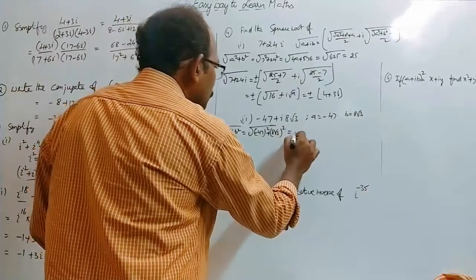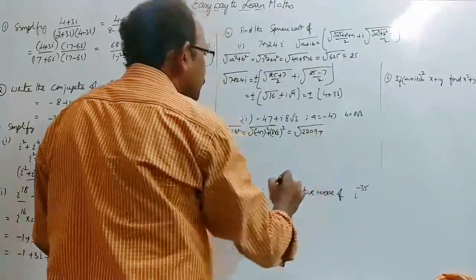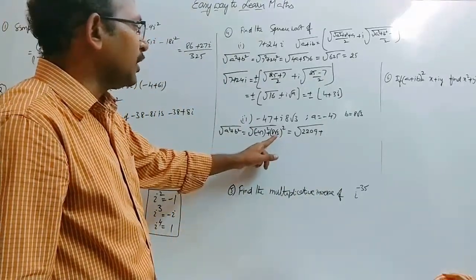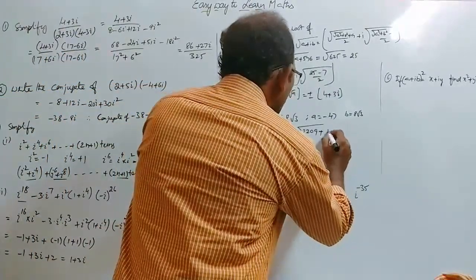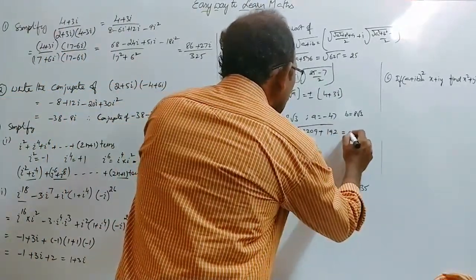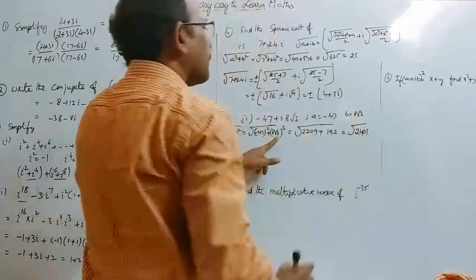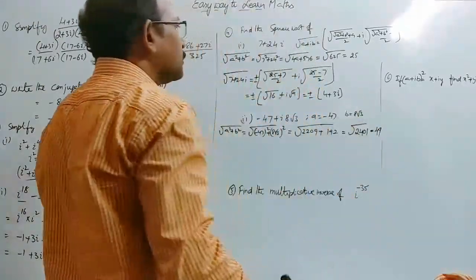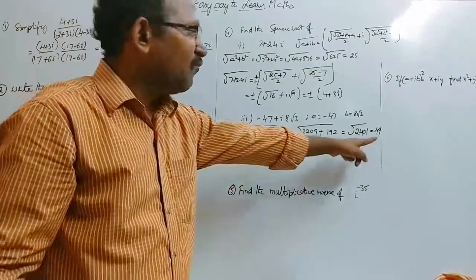That is equal to square root of 2209 plus 8 root 3 whole square, which is 8 square into 3. 8 square is 64, 64 into 3 is 192. Therefore that is equal to square root of 2401, which is nothing but 49.